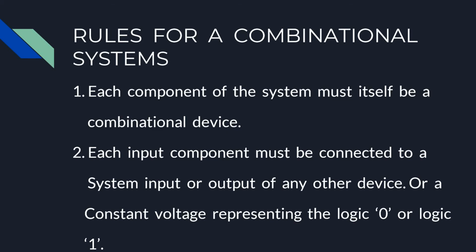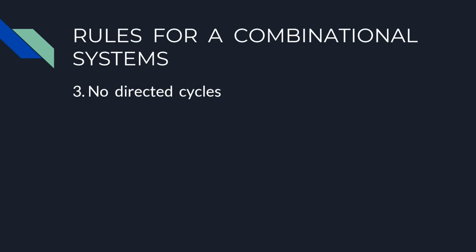There must not be any directed cycles. That means paths through the system from its inputs to its outputs will only visit a particular component at most once. We can build big combinational devices using combinational elements.